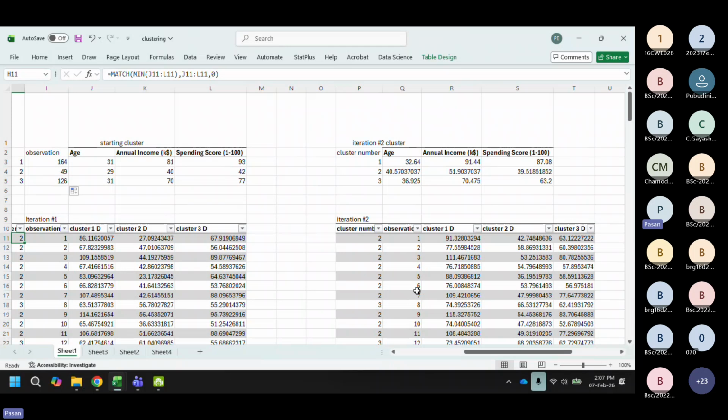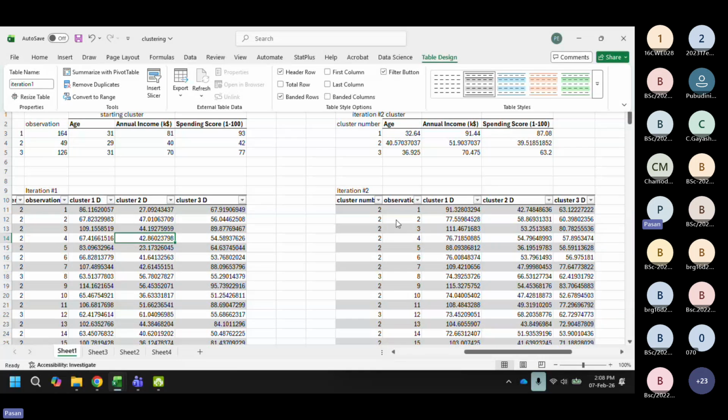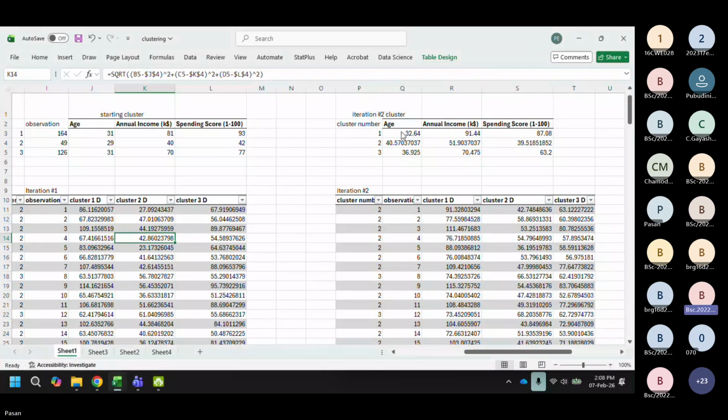And then I can go with the averaging here. So yeah, that is my iteration one.